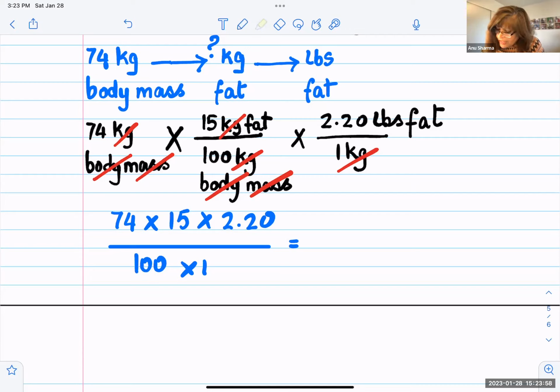Every time you have a decimal number, that takes the priority, because remember the exact numbers have variable significant figures. So here this is the priority. These are the 3 significant figures, so your answer should also have 3 significant figures. Let's calculate this.